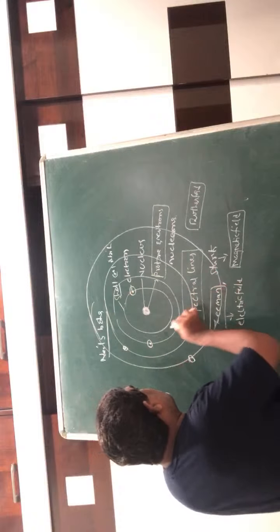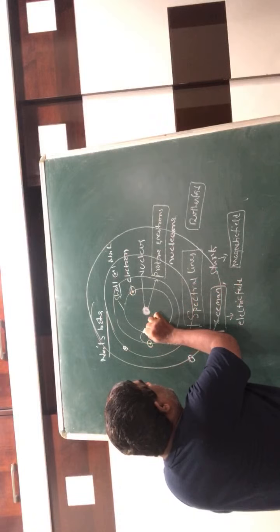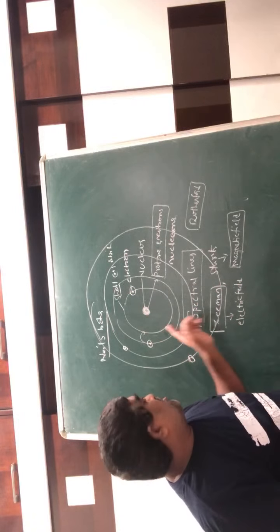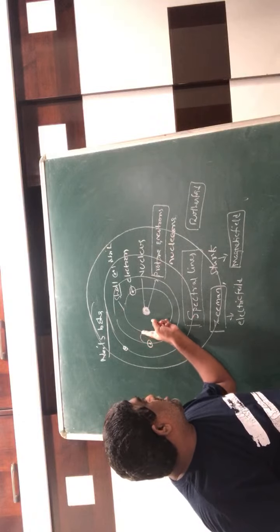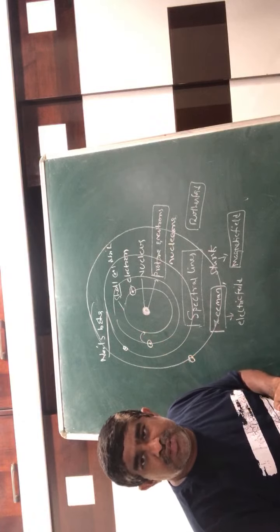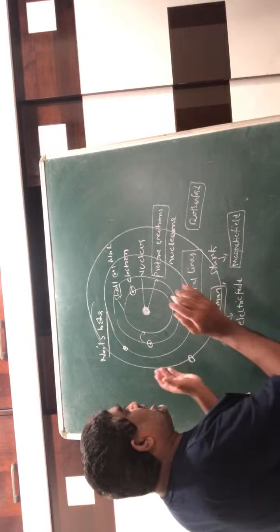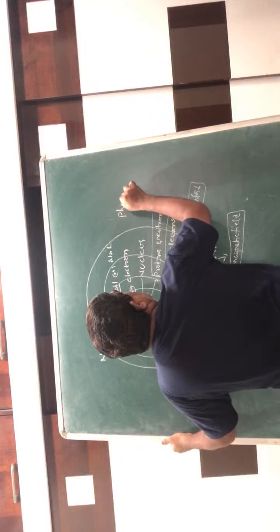Okay, when an electron jumps from one orbit to another orbit, it loses energy in the form of a photon.